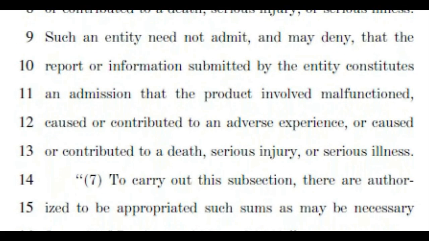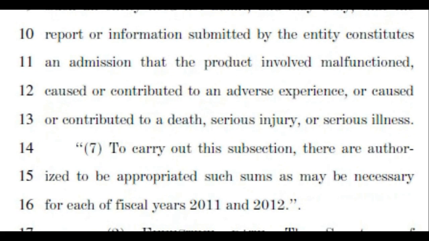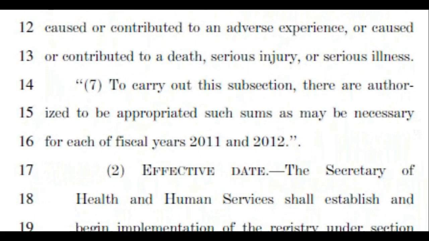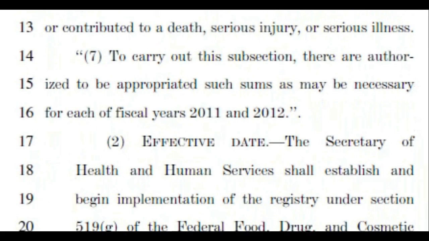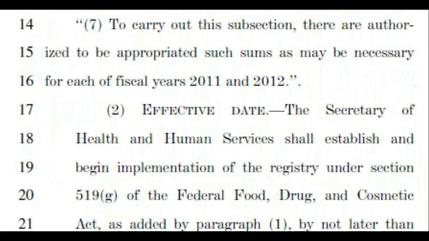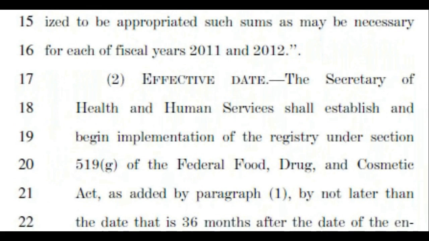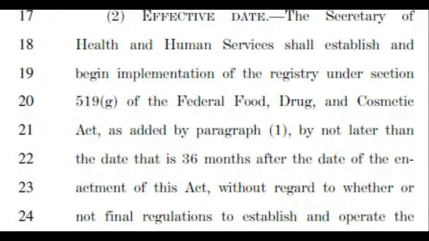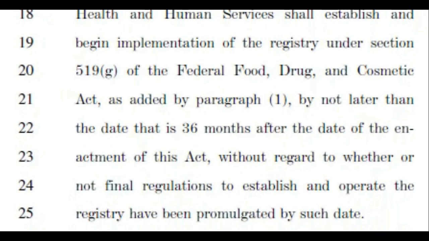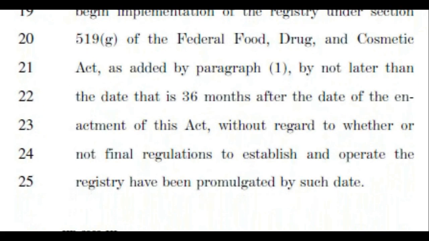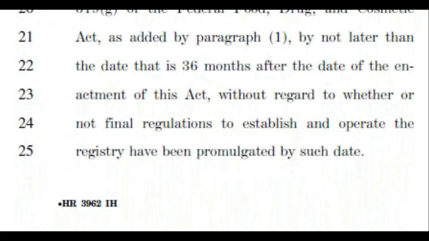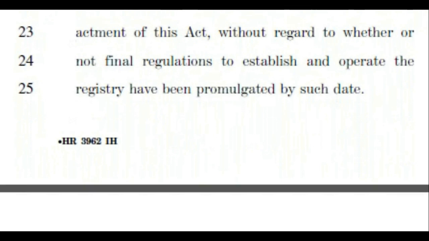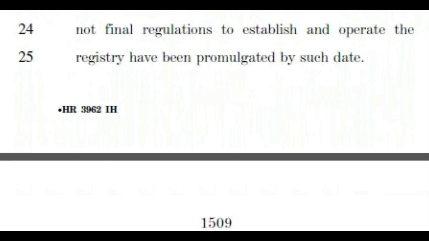(6) With respect to any entity that submits or is required to submit a safety report or other information in connection with the safety of a device under this section, and any release by the Secretary of that report or information, such report or information shall not be construed to reflect necessarily a conclusion by the entity or the Secretary that the report or information constitutes an admission that the product involved malfunctioned, caused or contributed to an adverse experience, or otherwise caused or contributed to a death, serious injury, or serious illness.